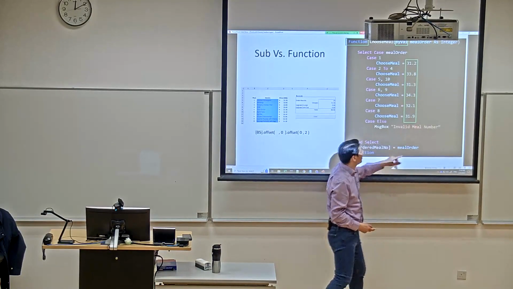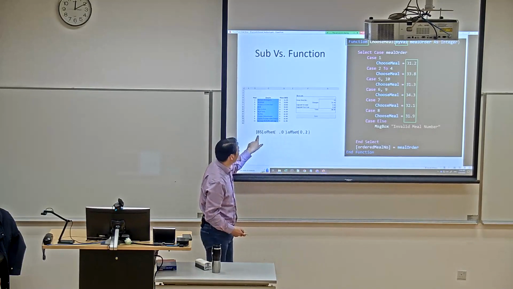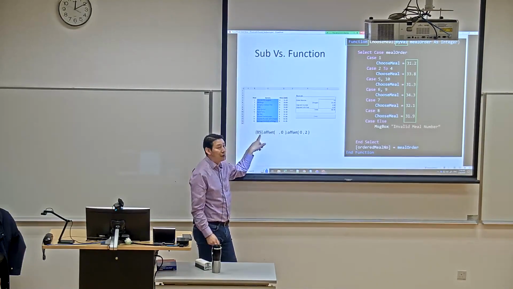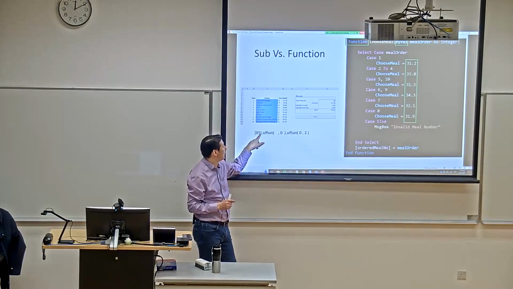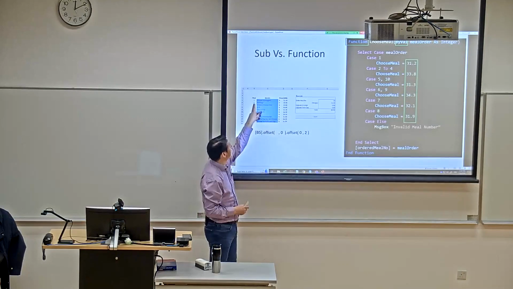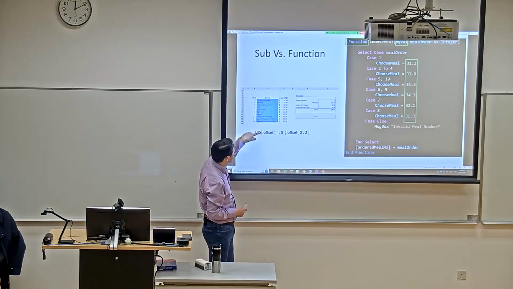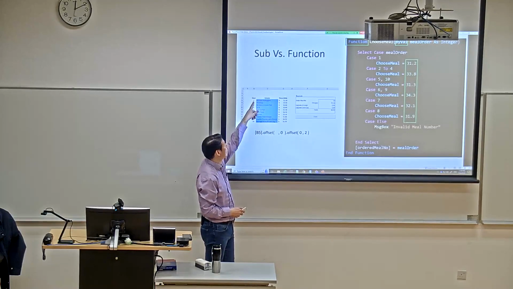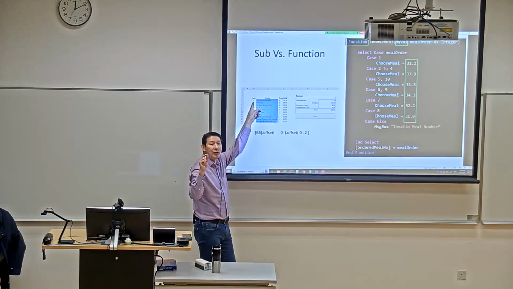My suggestion, and this is just an example, is B5. If the user picks meal number 1, we should go offset from B5. B5 is here, but it depends on the user input.